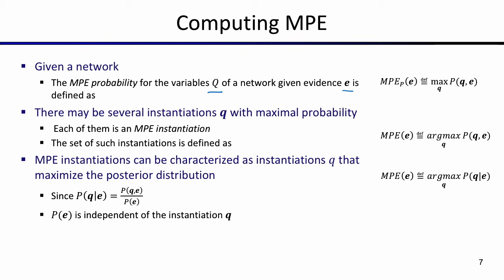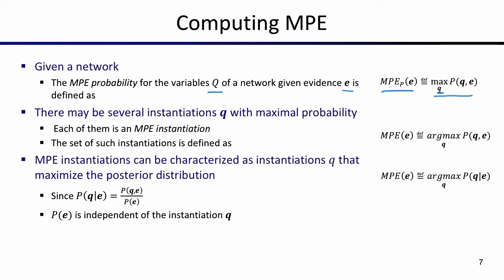And our objective is to compute the MPE probability, and we're going to use this notation here. The MPE probability is basically the maximum probability that we have for all possible instantiations of the query variables Q and evidence E. And we are frequently more interested in the MPE instantiation than in the MPE probability.